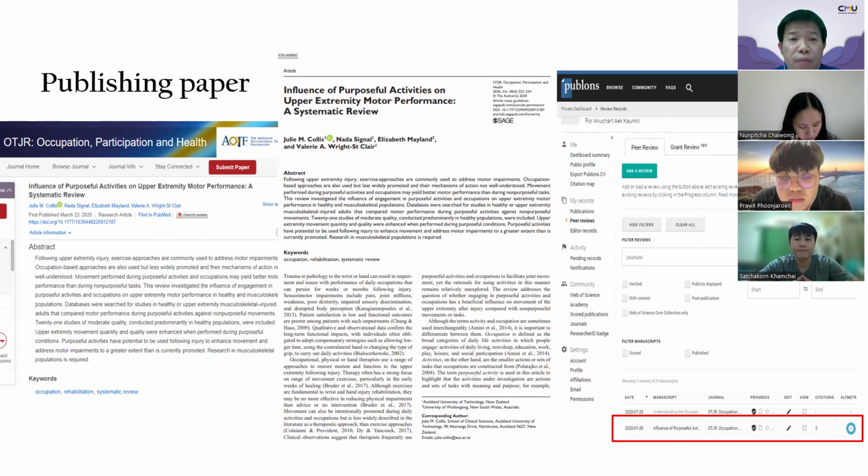Kristen Care was the president of the WFOT at that time. I never knew, because this is a real peer review. The editor of OTJR never told me this paper was from a very strong person of OT in the world.